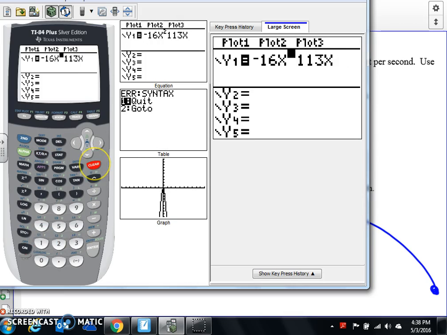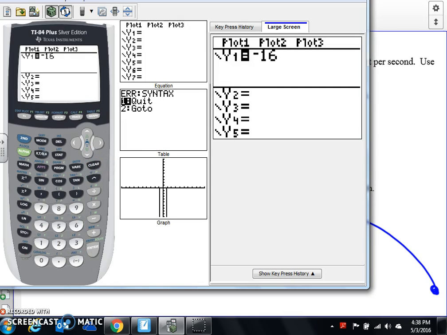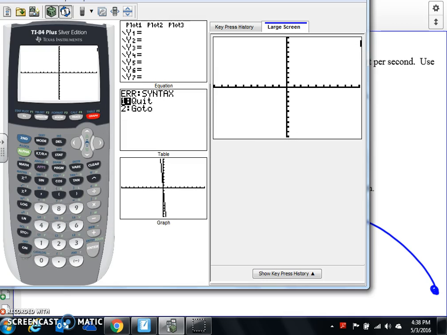Let me just clear everything. Okay. Negative 16 x squared plus 113 x, and then it says plus s. That plus s is your starting point. So our starting point was a 105-foot cliff. So plus 105. Go to the graph.